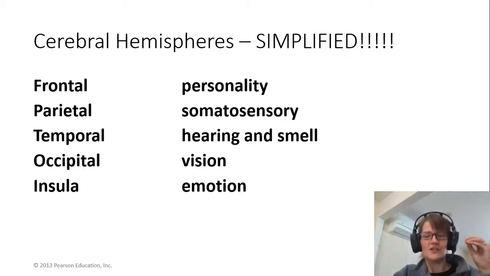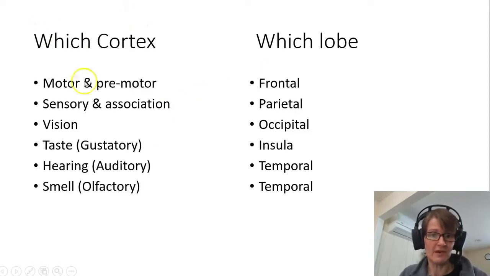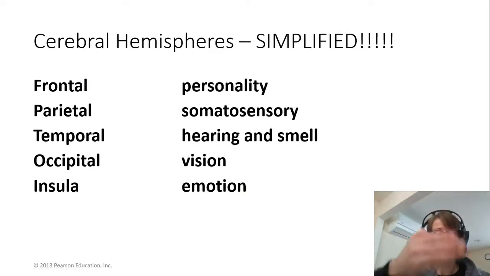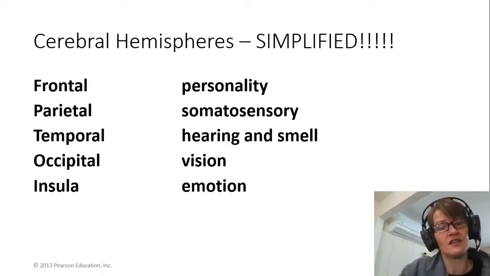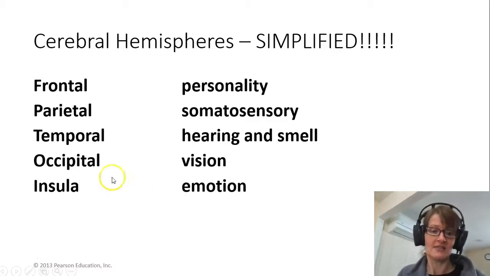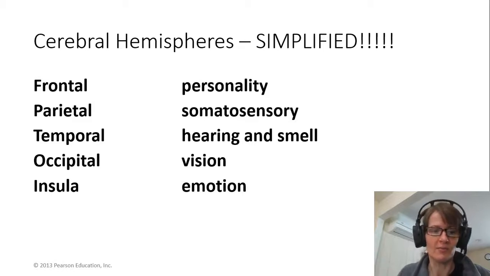Okay, so I do expect you to know it this way around, which cortex is found in which lobe, but I would also expect you to tell me what the main function of each individual lobe of the brain is as well. And if I said insula, I would expect you to say that was emotion. Okay, we're going to come back and I'm going to talk about the pre and the post central gyrus a bit more. Thanks.